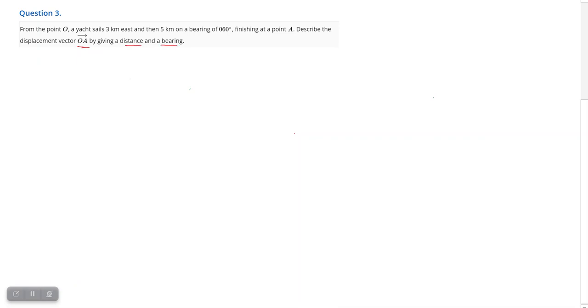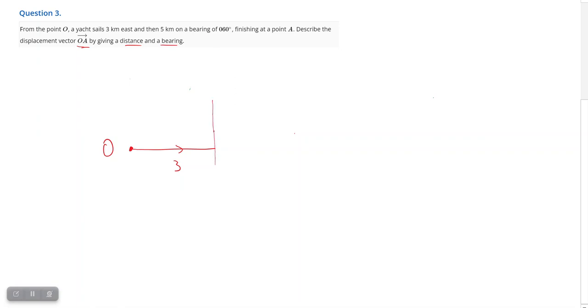So what's happening is, starting at a point O, you're going directly 3 kilometers east, meaning you're traveling on a straight horizontal line, 3 kilometers. Then it travels at a bearing of 60 degrees.